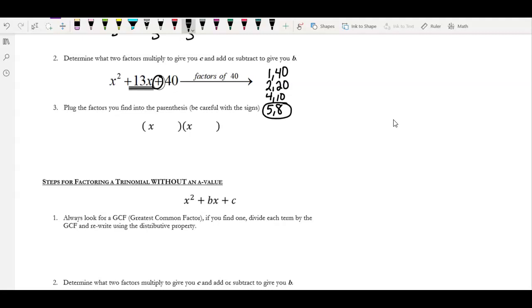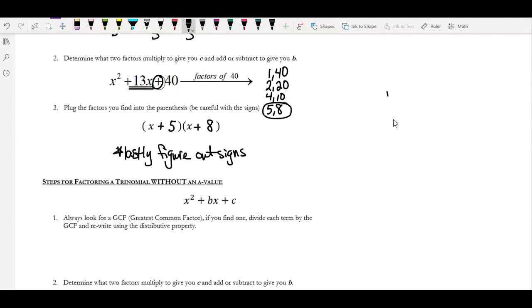And again, I haven't thought about any signs yet. I haven't thought about positive or negative. I'm just adding to get 13. So I put in a 5 and an 8. And lastly, figure out signs. The only way that I can get a positive 13 is if they're both positive.